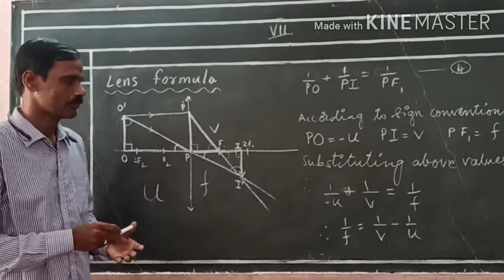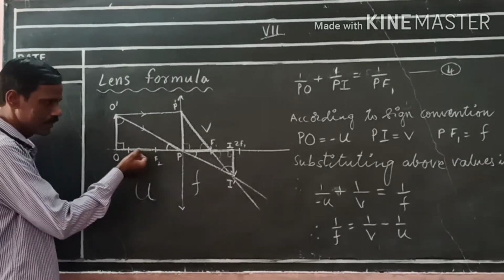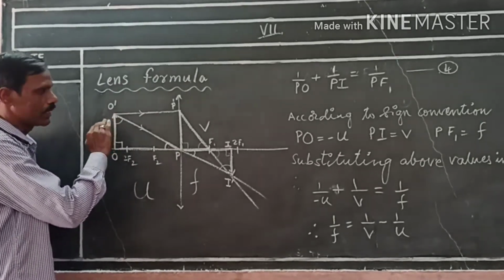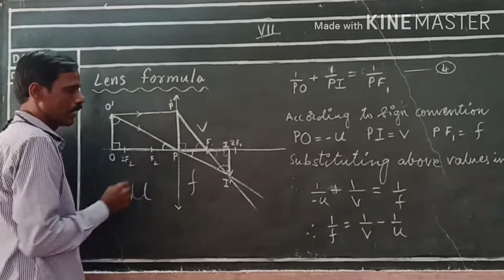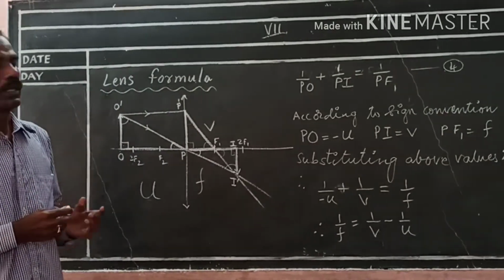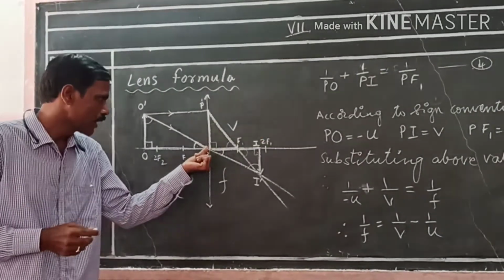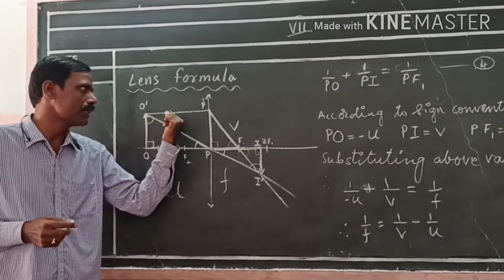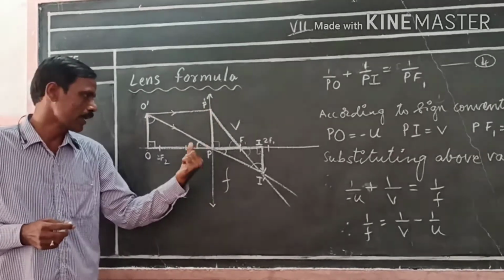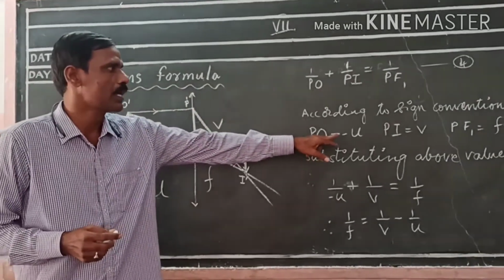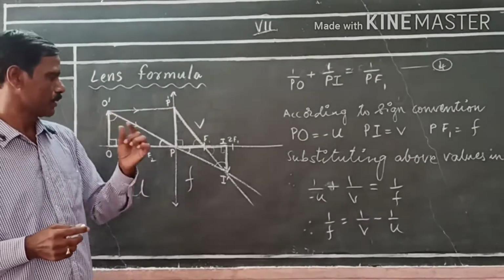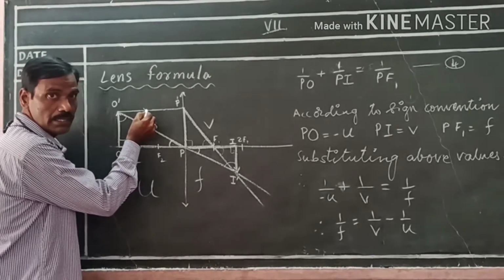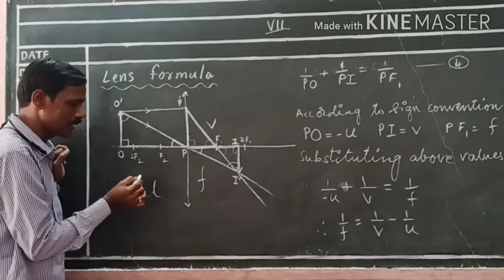Now the sign convention: all distances are measured from the pole, and distances measured against the incident ray are taken as negative. PO we are measuring from this side to this side, but the incident ray is in this direction. That's why PO is considered as minus U. Remember this: if the distance is measured against the incident ray, it has to be considered as negative.